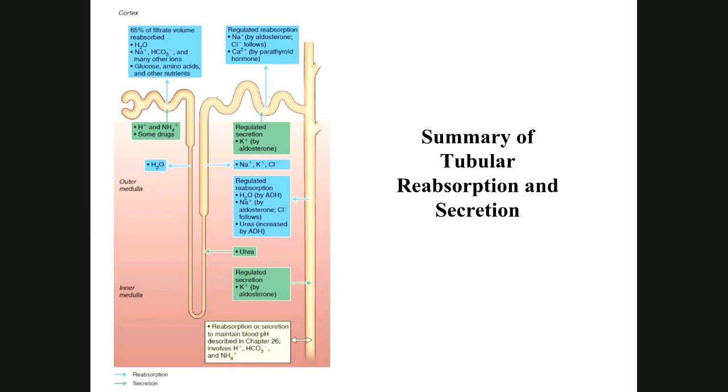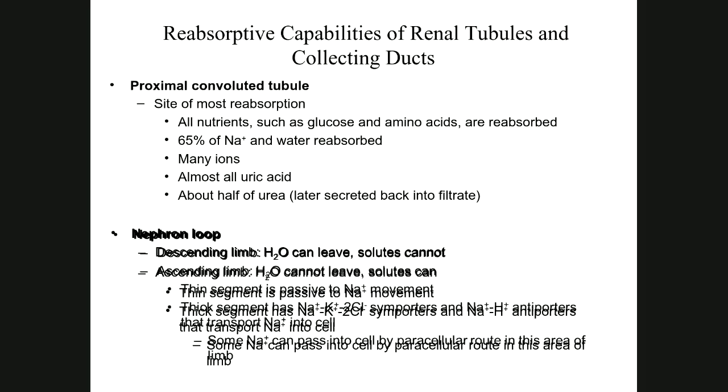You have to understand before I go to here that 65% of the sodium and water are reabsorbed, many ions, almost all the uric acid, almost half of the urea. Later some are going to be secreted back into the filtrate.